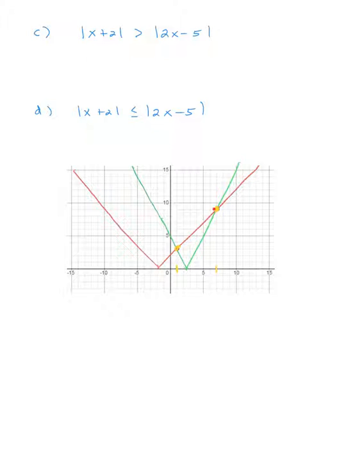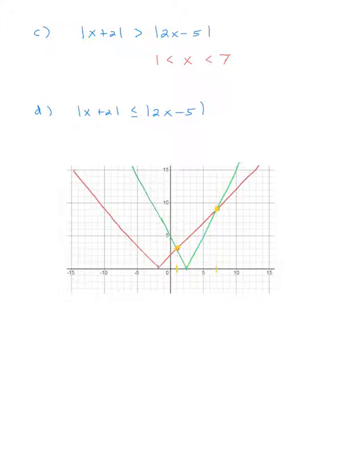And this is the portion of the graph where x plus 2 is above the absolute value of 2x minus 5. Therefore, I want the stuff that's between those two values. My answer is everything from 1 to 7. And I'm not including either of those points because there's no equal sign on this inequality.